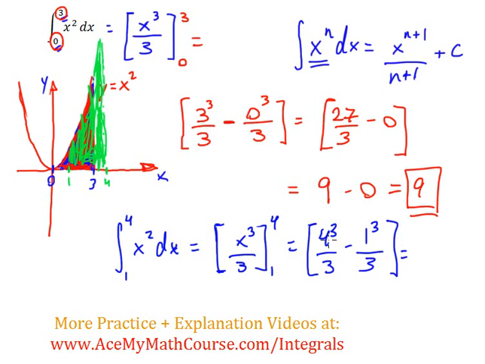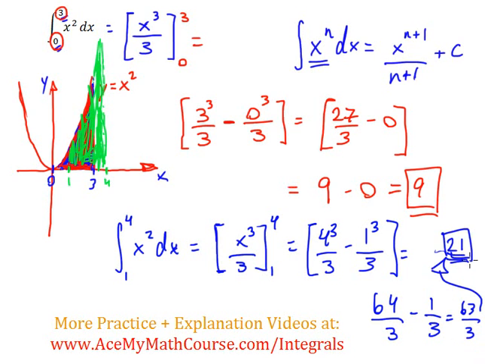So we would get 4 cubed, which is 64, over 3, minus 1 cubed, which is just 1, over 3 as well. So the answer would be 63 over 3. And actually that works out to just 21, doesn't it? It does. Fantastic. So that would be the area between 1 and 4, below y equals x squared and above the x-axis.